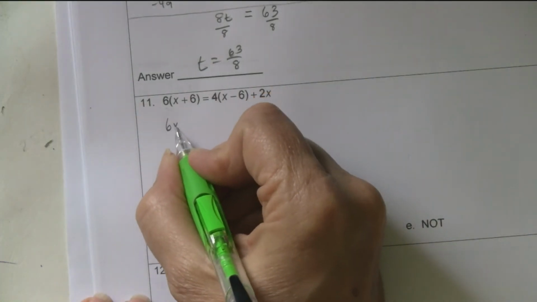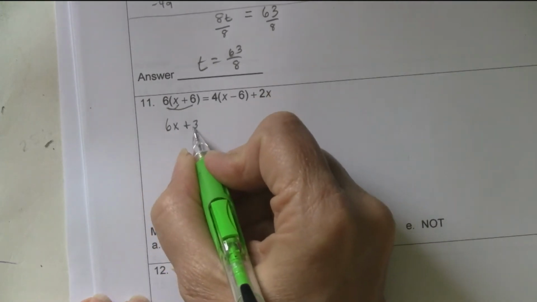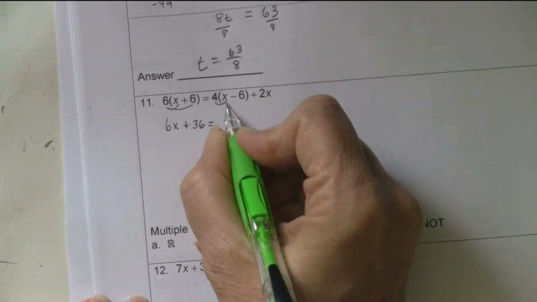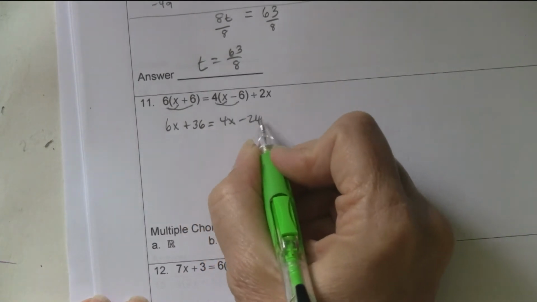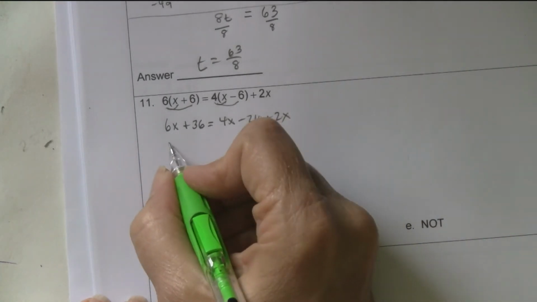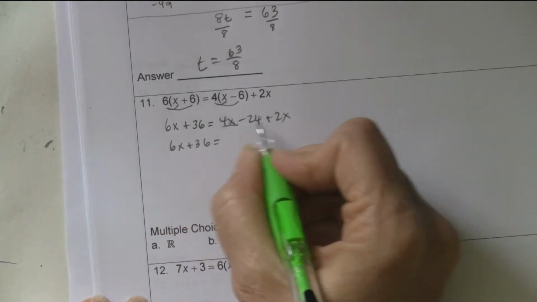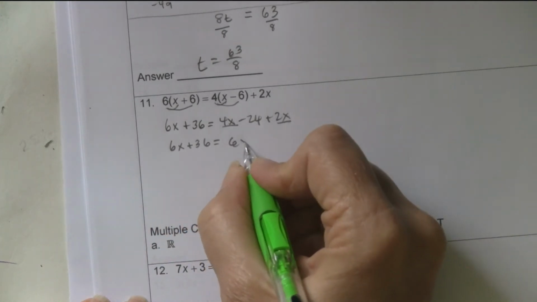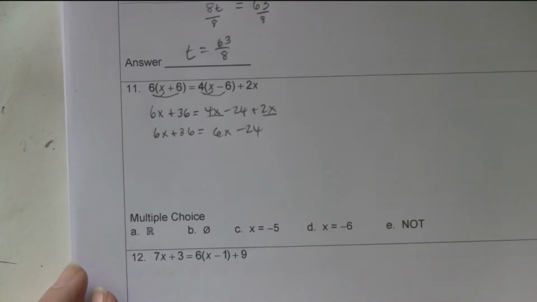So this is 6x, so distributing here, plus 36, and 4x minus 24, plus 2x. So combining like terms is next. There's not like terms, but these are like terms, so I get 6x minus 24. And you can kind of see already that there's a problem, right?